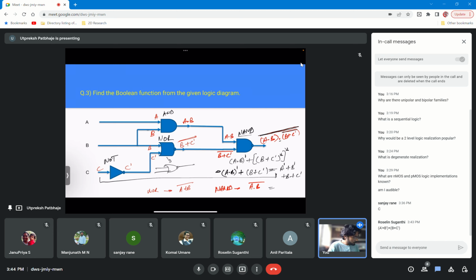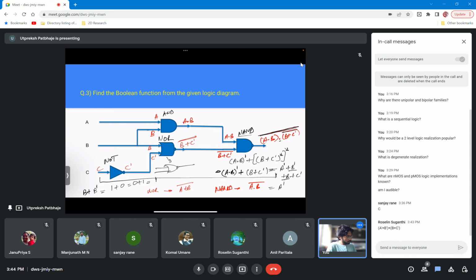As you can see here, we have a B plus B bar also. So B plus B bar would be nothing but, if you take B to be 1, this will be 1 plus 0, and if you take B to be 0, this will be 0 plus 1. So this will always give an output of 1. Correct.